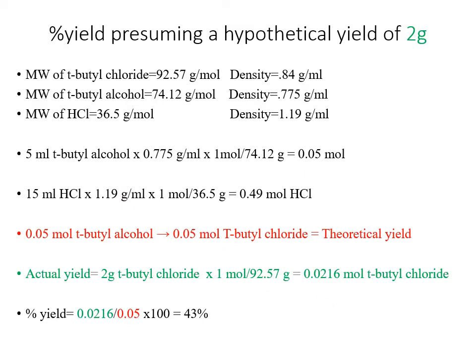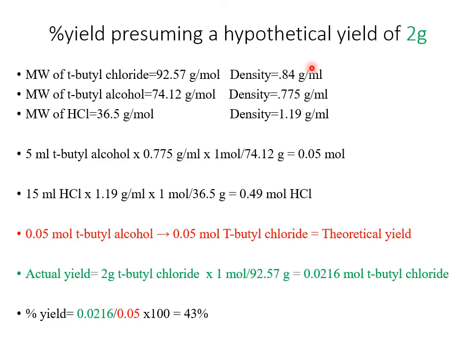And with any organic reactions, or any reactions in chemistry, generally, you want to know all this information, right? The molecular weight of your compounds and the density. So you can see here's a calculation for figuring out how many moles of tert-butyl alcohol you used. You have your 5 milliliters.